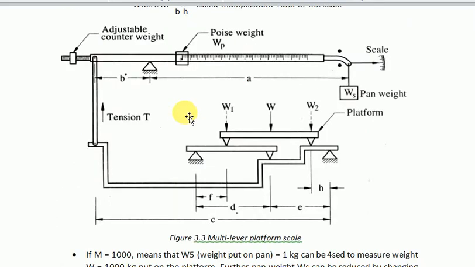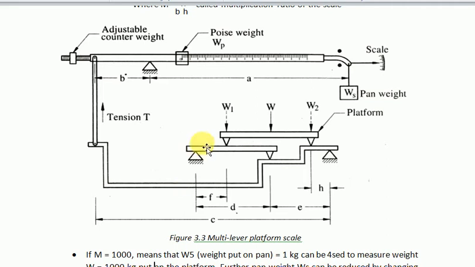One more method to find out the force is the multi-lever platform scale, which you are seeing in this figure. You can see this is the platform. W1, W2 are the two weights acting at these points, and W is the weight acting on this.